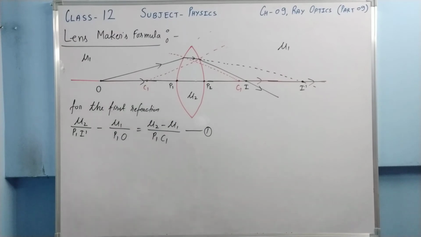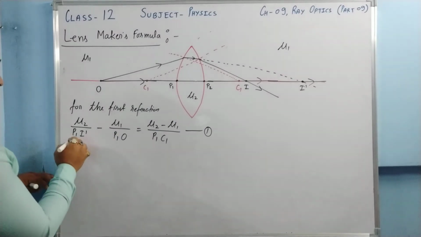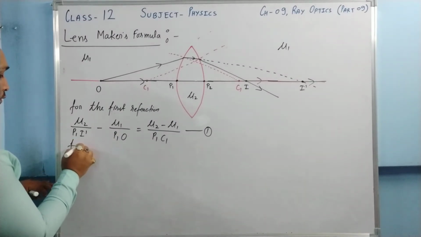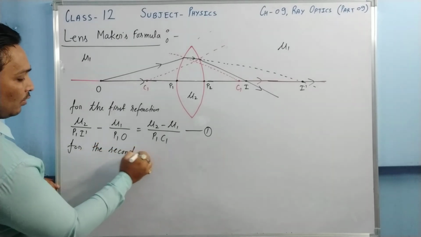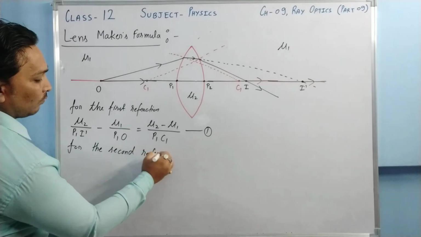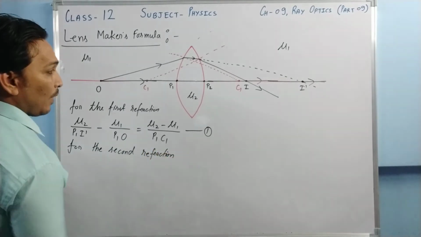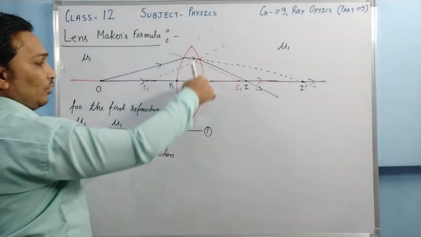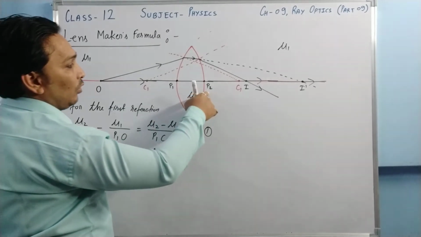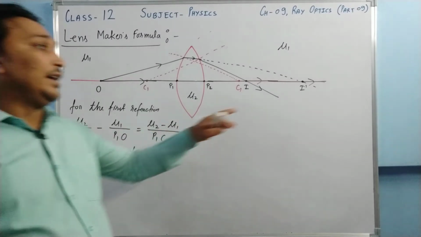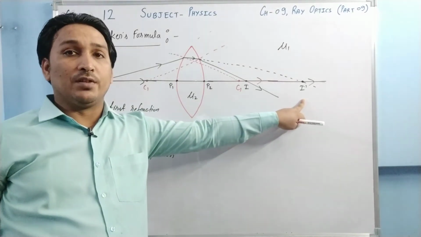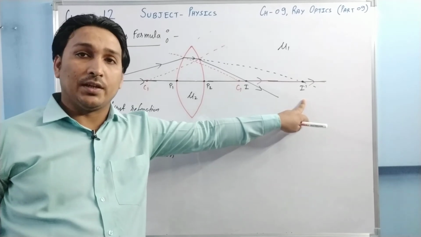Okay. For the second surface, for the second refraction, this is going to be the surface, this is our pole, all the distances will be measured from pole only. From pole, where is the object? I dash is the image formed by the first surface, so it will act as an object for the second surface.